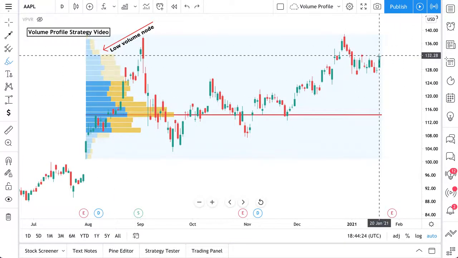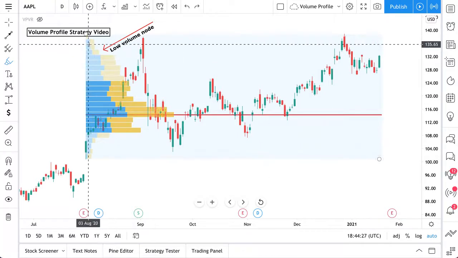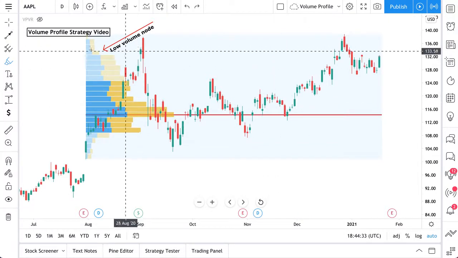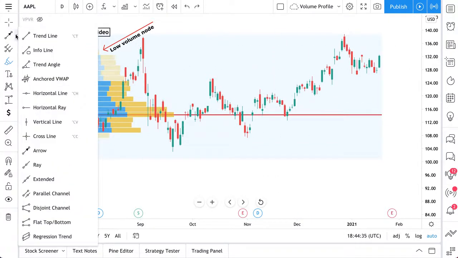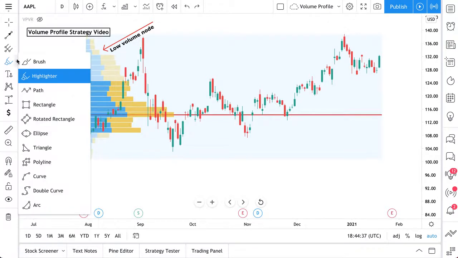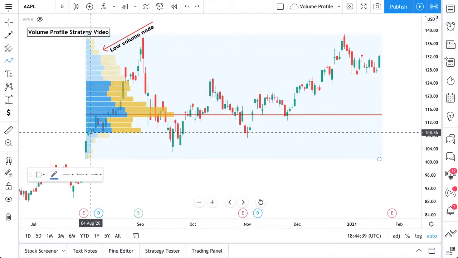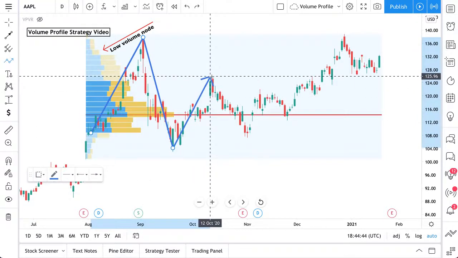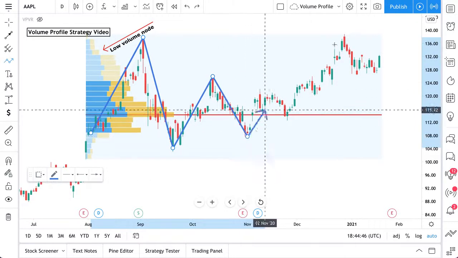Rather than just blindly buying here without doing much research at all, we're instead going to sit on our hands and we're going to make a calculated decision that if price does the same thing that it did before, so as you can see, it went up into the zone and then corrected. It went actually up into this zone, it's not quite as high, and corrected. And then look at this again.